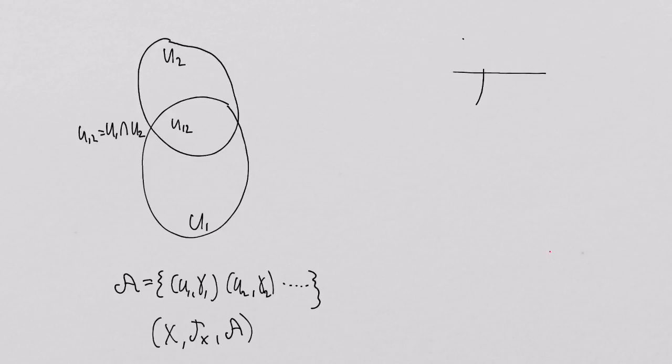Now you can design systems where the charts overlap a lot less severely. For example, if your topological space was, say, a circle, you might make a chart for here and a chart for here and a chart for here, and then you might make another chart for here, for here, then for here, and then for here, like that.